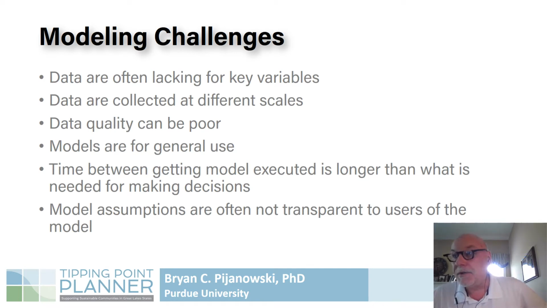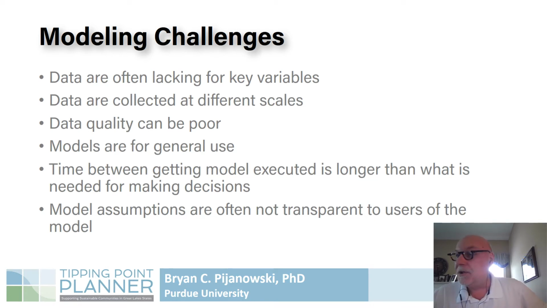There are a lot of challenges to developing models. First, data are often lacking for the key variables that you need. Data are collected at different scales than what you need, or different scales in which you need to integrate them within the model. Data quality can actually be fairly poor or undocumented.